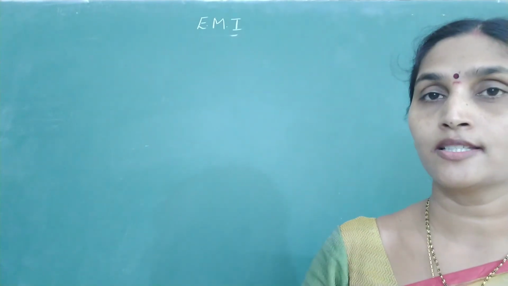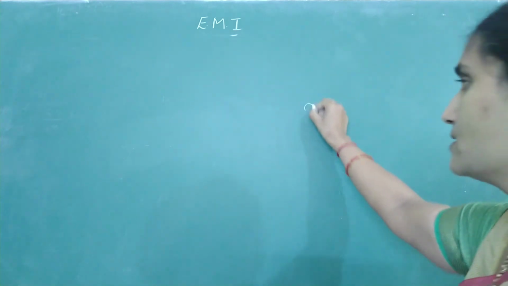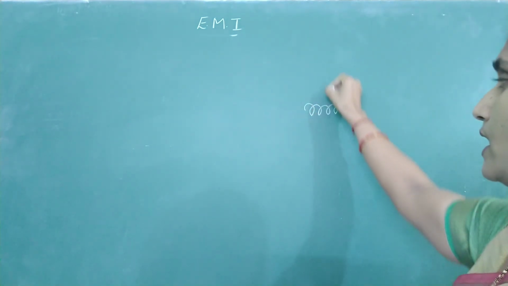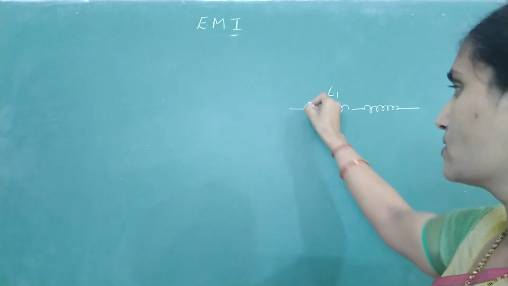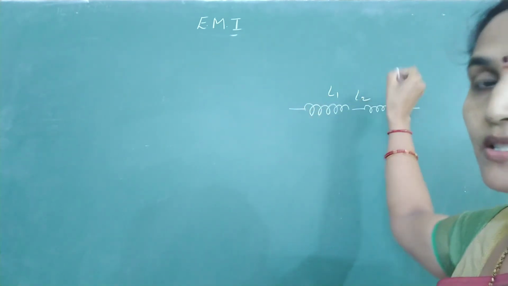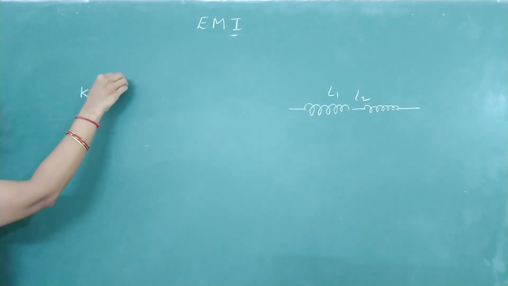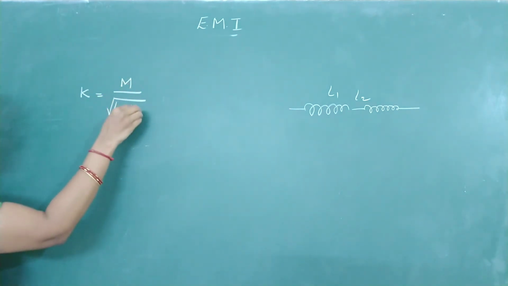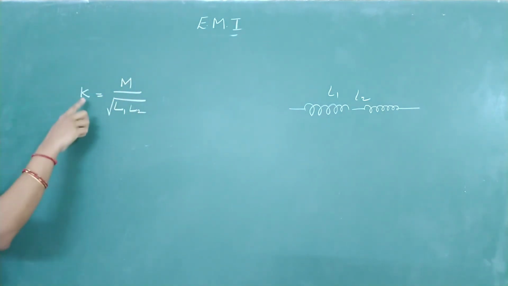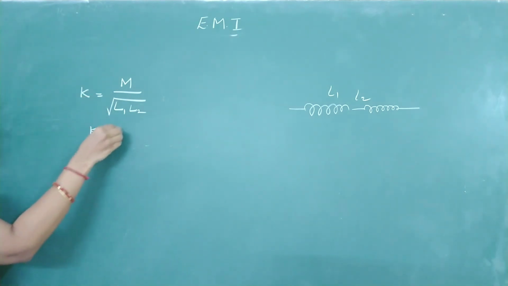Now, inductors in series and parallel. If two inductors L1 and L2 are connected in series and there is no coupling between them, how do we define the coefficient of coupling? K is equal to the ratio of mutual inductance to the square root of L1 into L2. If completely coupled, the value of K will be equal to 1.